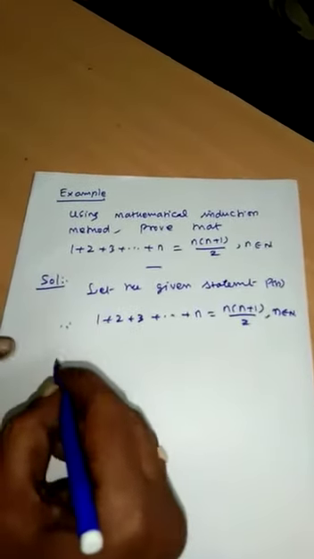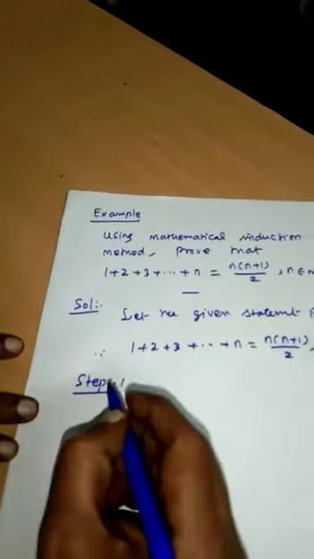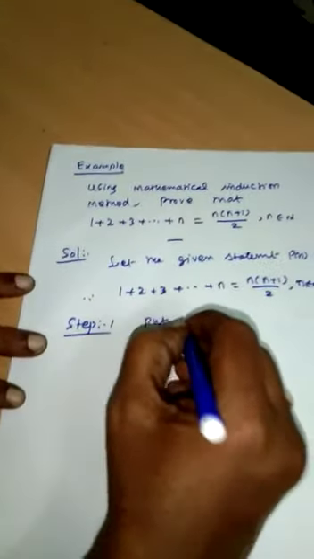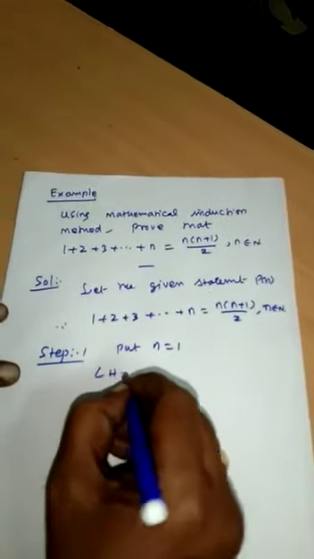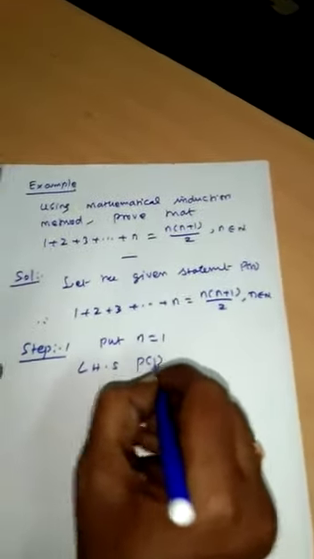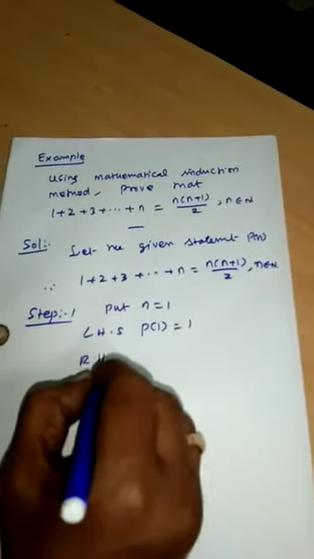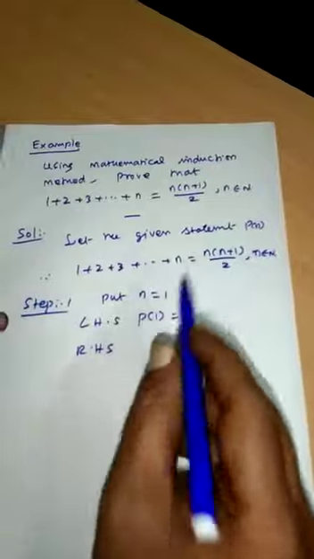Therefore step 1: put n is equal to 1. Left hand side, P1, the first number is 1. Right hand side, put n is equal to 1 in the right hand side.